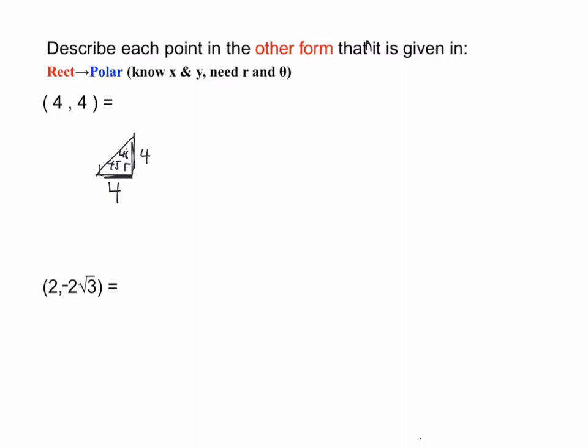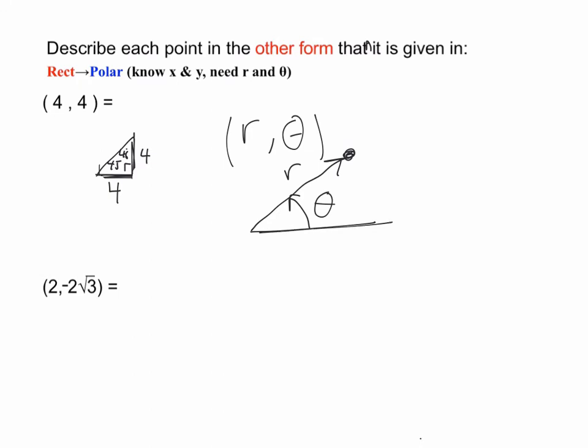To get our graph in polar coordinates, we need an r and we need a theta. We need to know how far this is rotating from 0, and how far to go out to plot our point. For r, we really just need to know the hypotenuse of the triangle.